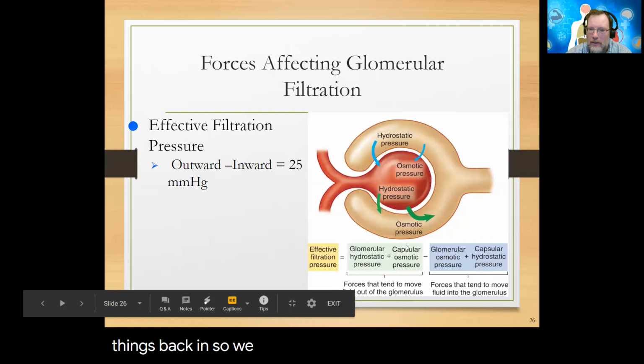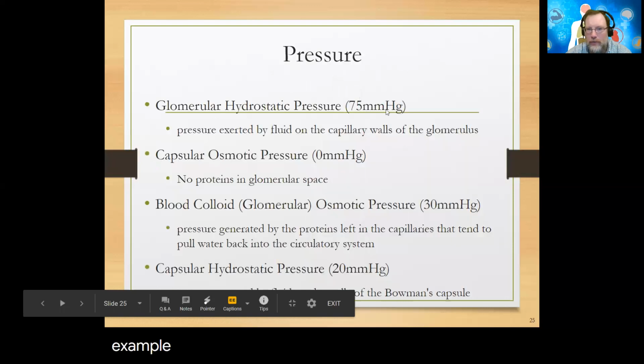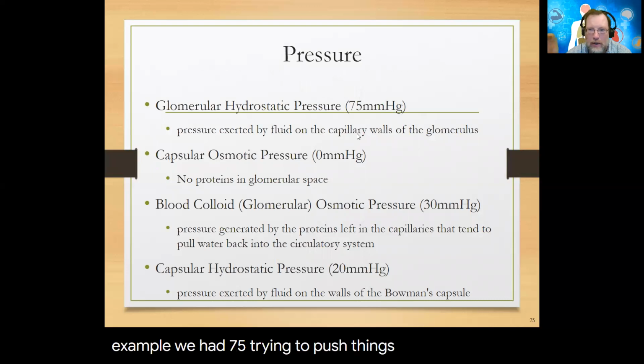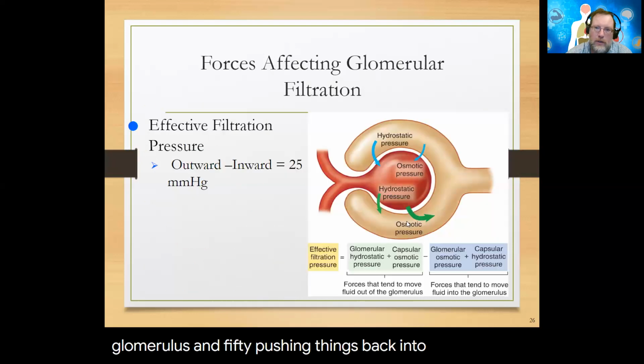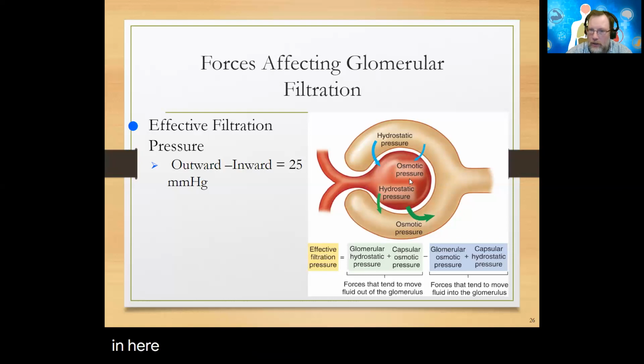So we subtract 75 for this particular example. We had 75 trying to push things out of the glomerulus and 50 pushing things back into or against the glomerulus. So we will have movement because we have a positive 25 pressure. Things go from high pressure to lower pressure. So the fact that we're at a higher pressure in here, a plus 25, for instance, is going to enable filtrate to form in this Bowman's capsule.